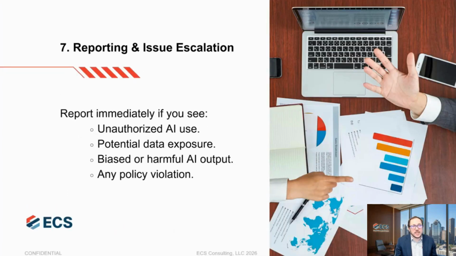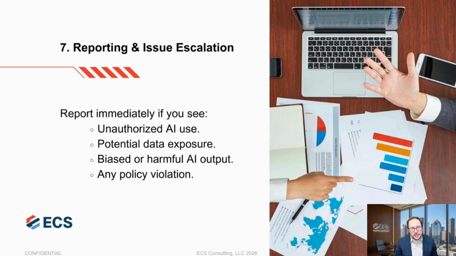And then the last component over here is you want to have reporting and issue escalation. By reporting, you want to talk to your business and see who is currently using AI, how are they using it, who wants to use AI, and how are you going to audit this or find out what you have in place.